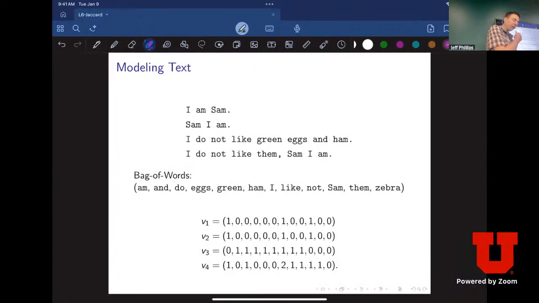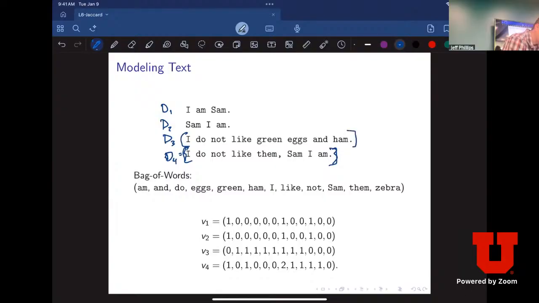I can also do this differently. I treated this as one big document, but now I can think of having 4 individual documents, and I can create the bag of words vector for each of the individual documents. So I am Sam, right?